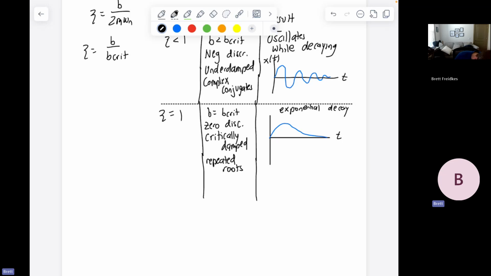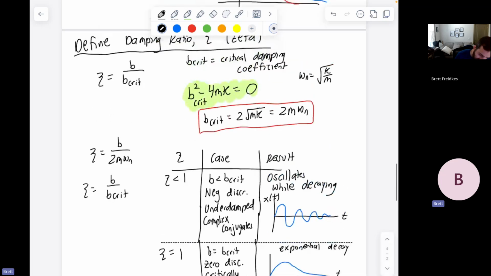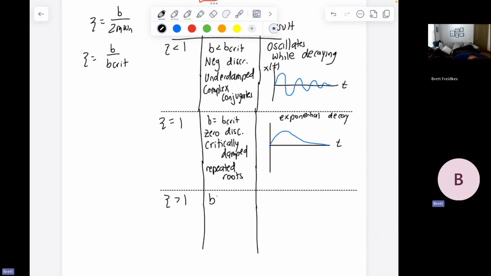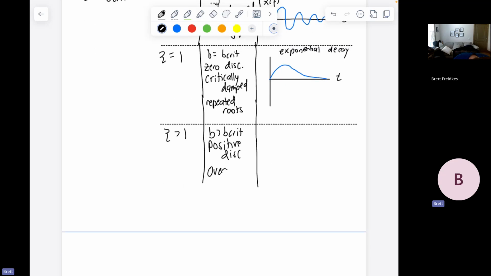And then the last one is zeta is greater than 1. In this situation, that means that B is bigger than B crit. And if B is bigger than B crit, we know that that expression, the discriminant, is going to be positive. In that situation, we call that overdamped.